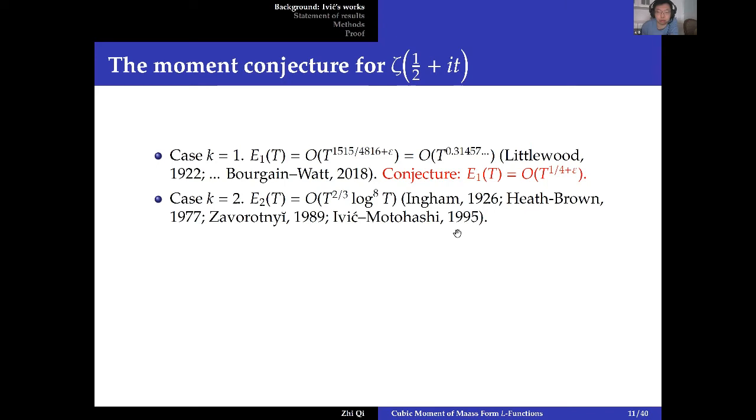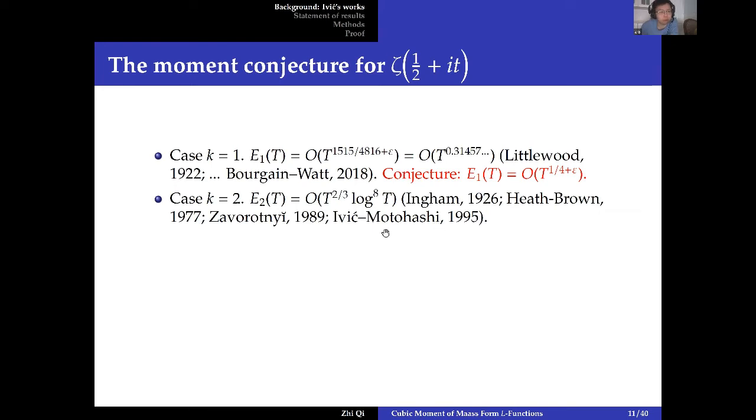So actually Ingham gave the leading term of the main term. And about half a century later, Heath-Brown actually gave a genuine asymptotic.